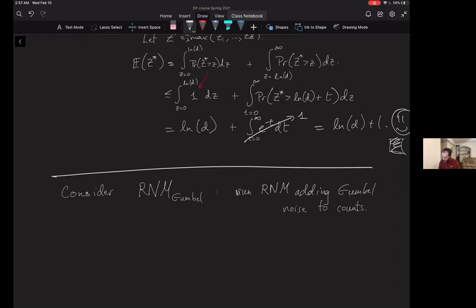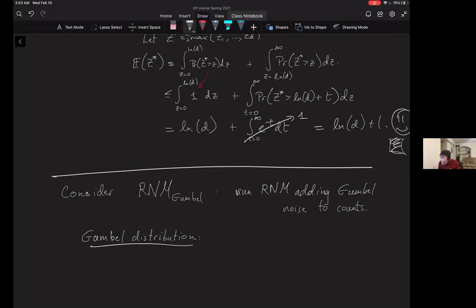Okay, so the Gumbel distribution is a different probability distribution from the exponential, and all things being equal, it will produce slightly larger values.